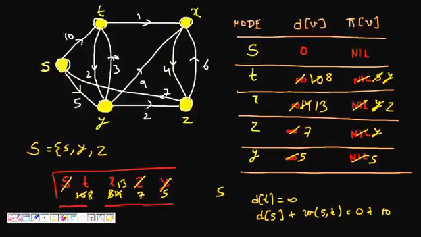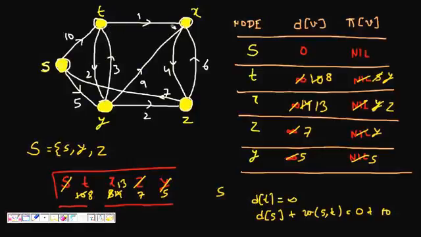We see that from t I can go to y and x. If from t I go to y, it will be 12, and y is already 5, so it is not getting updated.